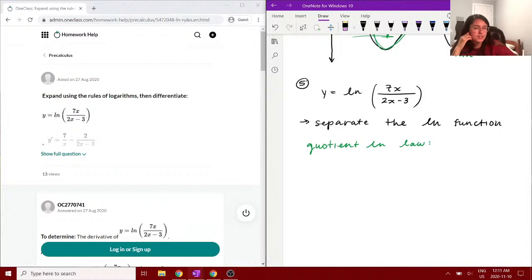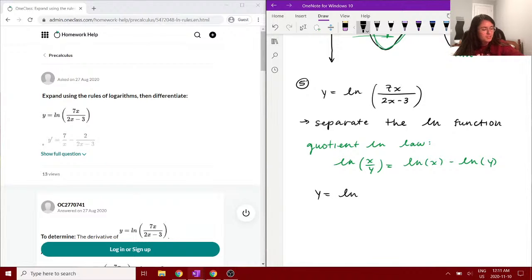That states that the ln of x divided by y is equal to ln x minus ln y. Okay, so let's see how we can apply that to our equation. We have y equals, well, I don't need to write it again since I have it right here.